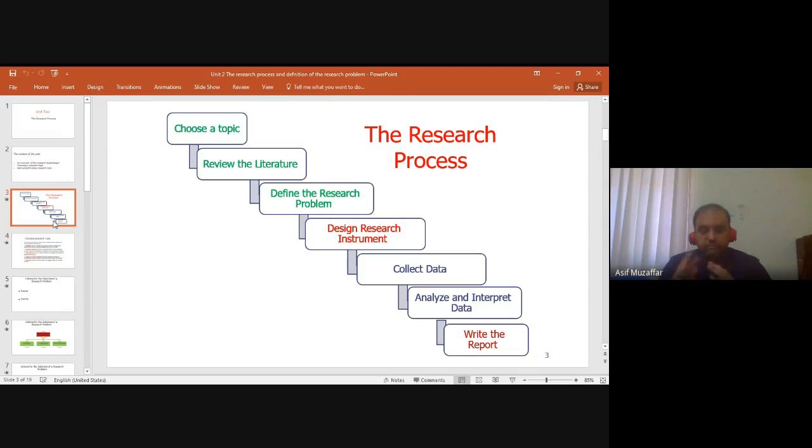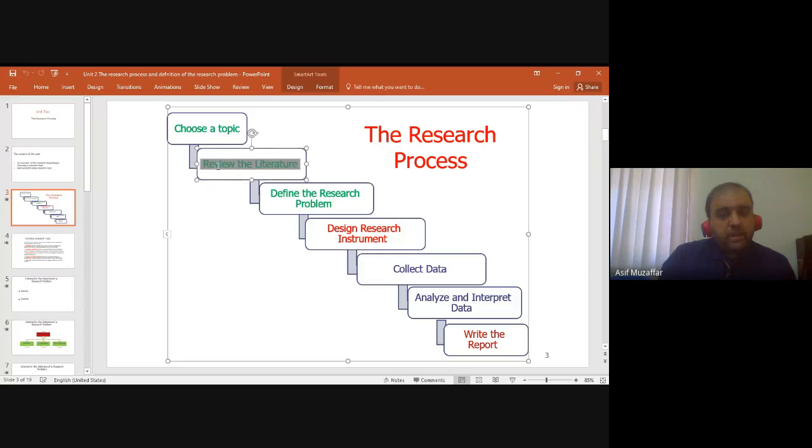But the point is that you should start working on your topic now, because this research project is due in week 12. You need to start working on it, like choosing a topic and discussing it. In this chapter, we will be going through the research process, that is, how would you choose a topic?